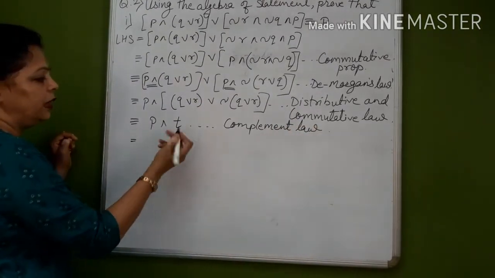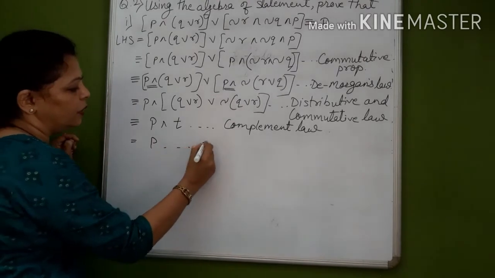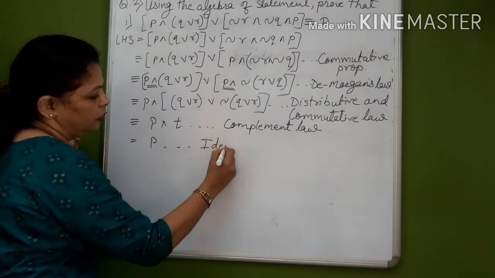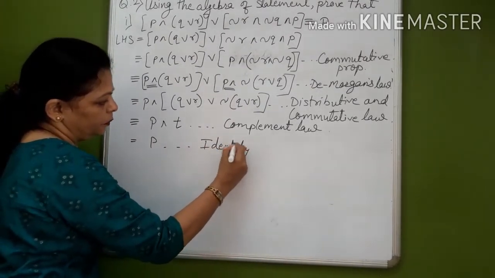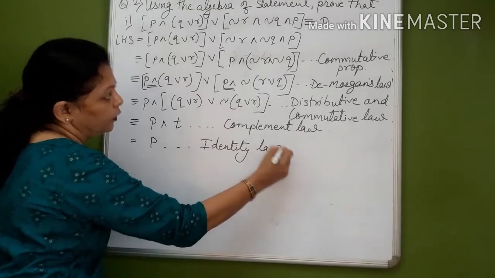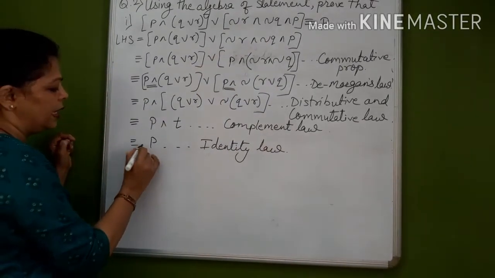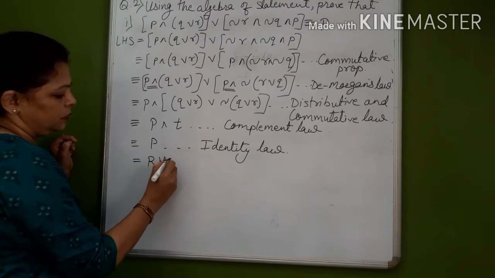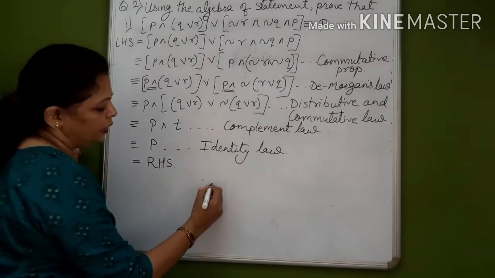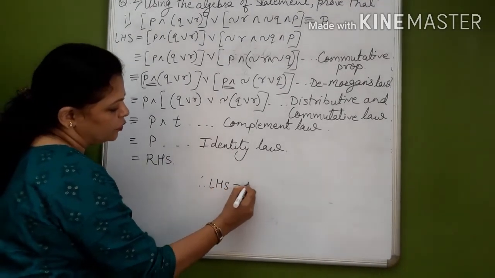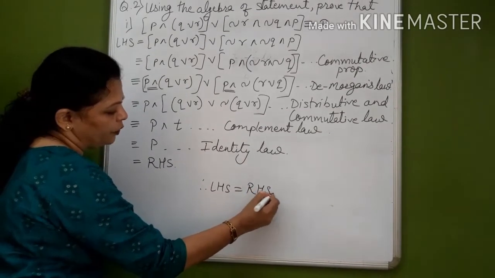And P and T is P, identity law. So you arrive at RHS. So we write, therefore, LHS is equal to RHS, proved.